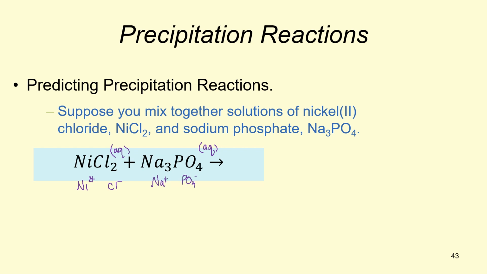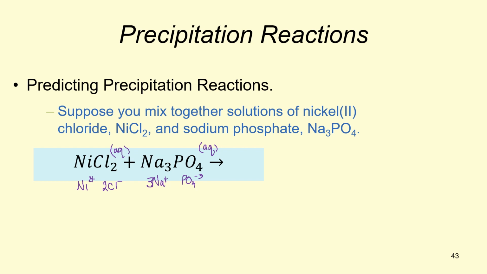So we already know when nickel and chloride are together, they are apart. I'll go ahead and write that so you don't get confused. And when sodium and phosphate break apart into their ions, they're all swimming around. So we know nickel and chloride can't be a precipitate, and we know sodium and phosphate can't be.